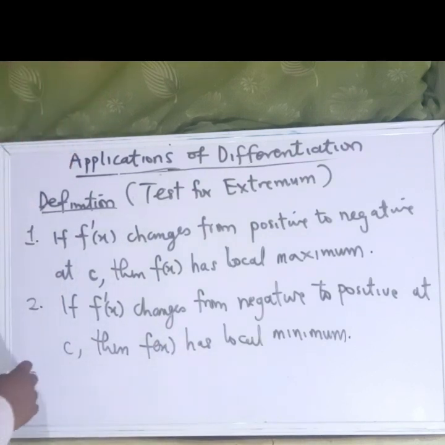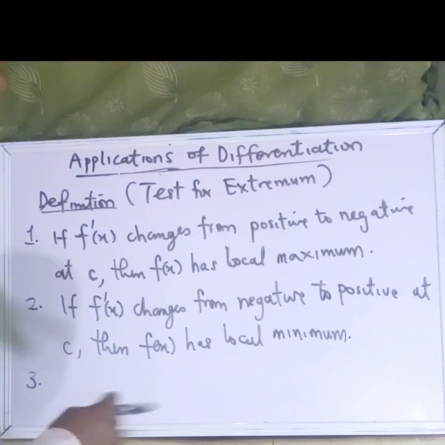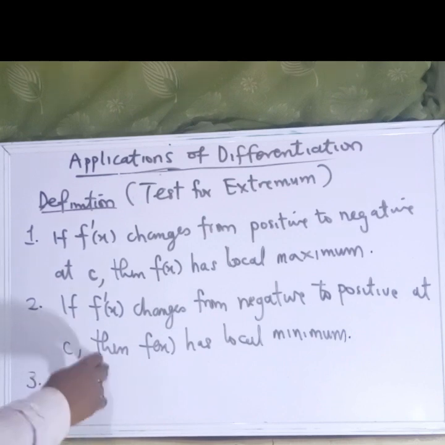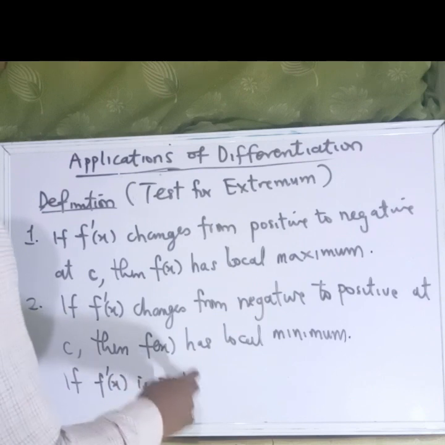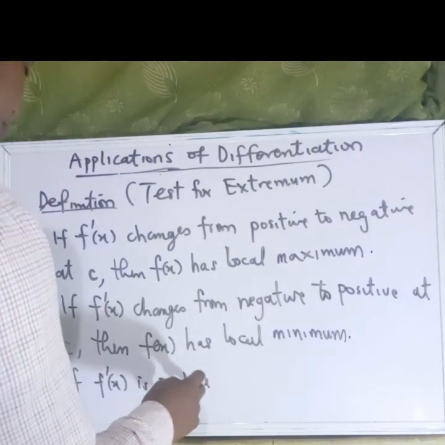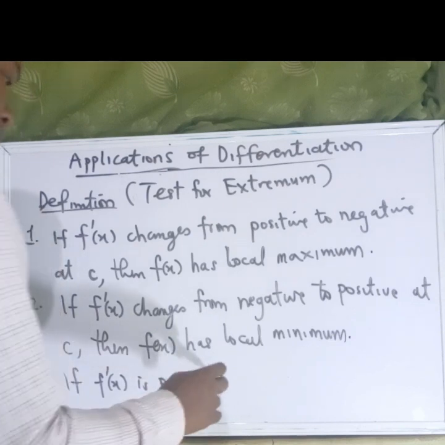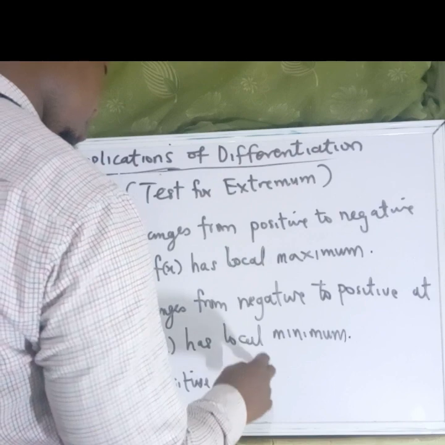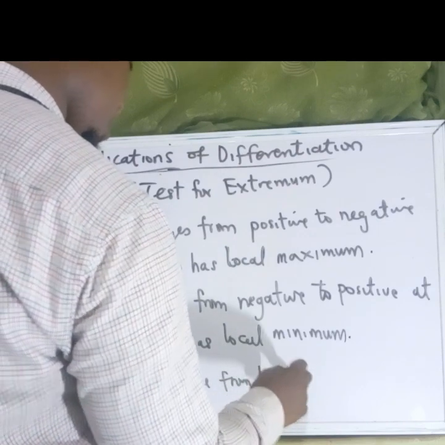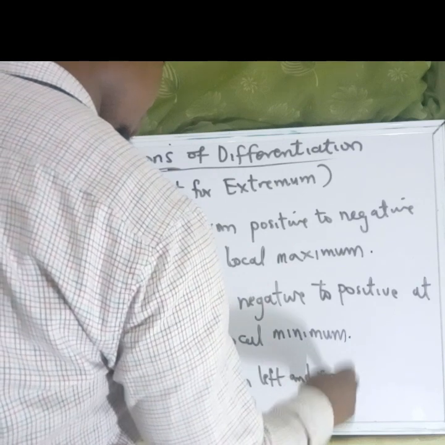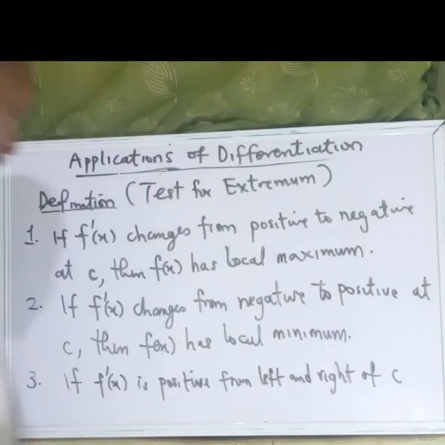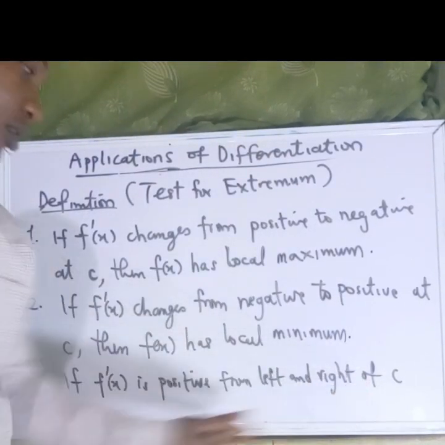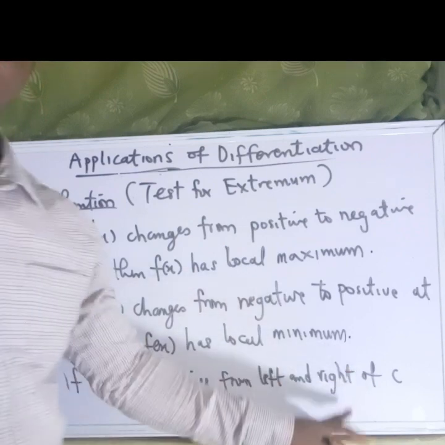Okay, so 3. This case is a case of neither maximum nor minimum. Okay, so if f prime of x is positive from both left and right of c, that is, on the left of c it is positive, on the right of c it is also positive.